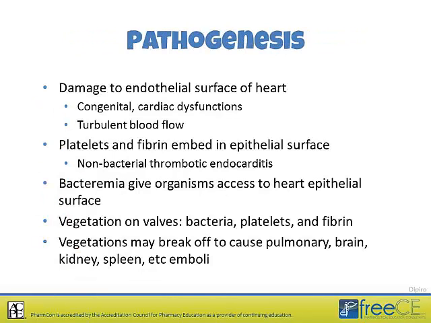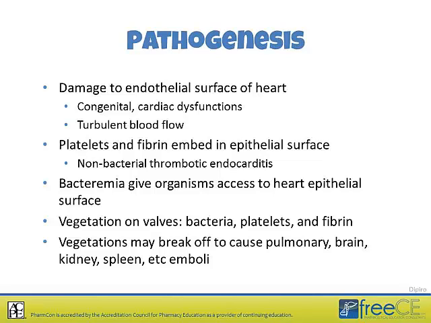That brings us to talking about the pathogenesis. We've talked a little bit about some of this as we've gone through the etiology. But the development of infective endocarditis predominantly occurs via hematogenous spread, meaning it spreads through the blood. And so you have a sequence of multiple different items that ultimately lead to infective endocarditis. The first thing that has to happen is that the endothelial surface of the heart is damaged.